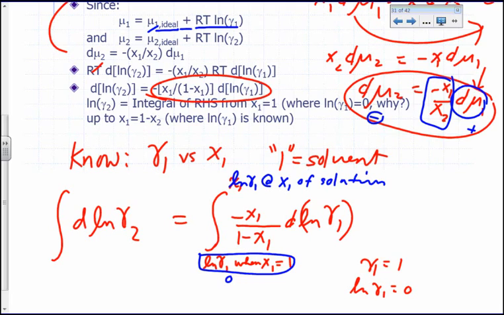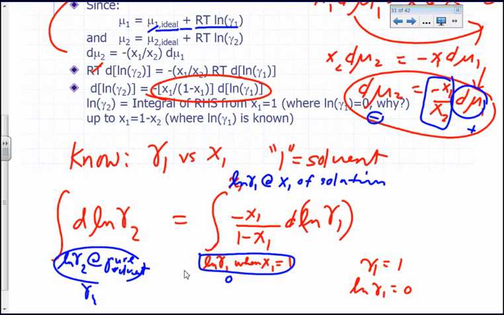If you integrate the left hand side, this would be ln of gamma 2 with pure x1, pure solvent. This is going to be a very dilute solution, so gamma 2 you expect to be equal to 1, it's ideal.